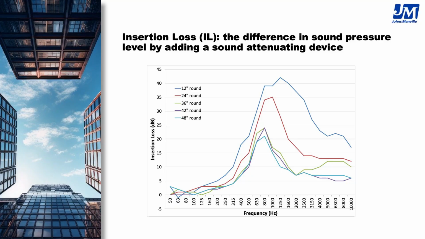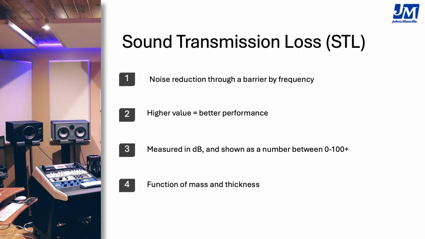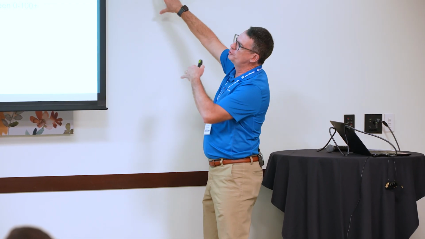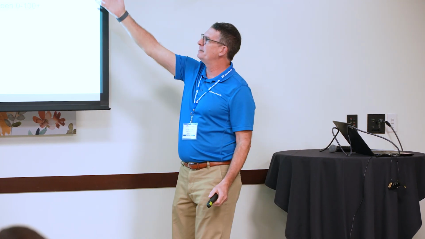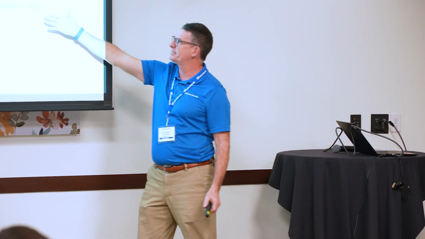Even when a mechanical engineer is speccing NRC of whatever for a product, it's because he's going back to insertion loss. Sound transmission loss, which we talked about as a way to rate walls and floors and other sorts of building assemblies, is how much a barrier reduces noise. Again, higher number is better. Sound transmission loss is in decibels.